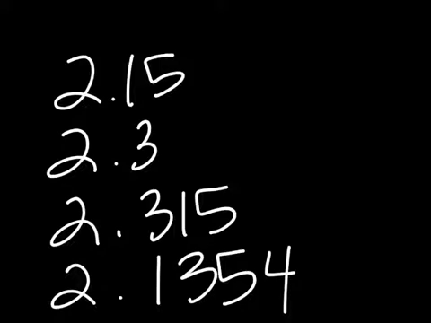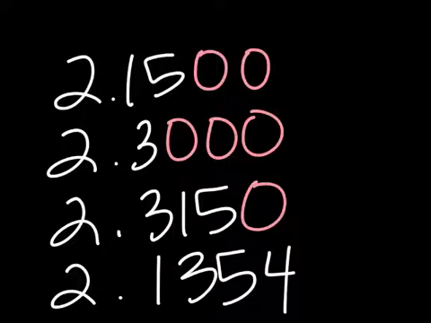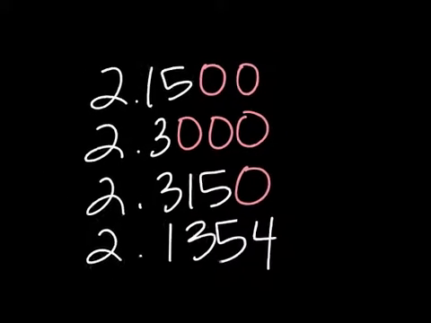So we've got 2's all the way down, so we're fine. So these 2's we're going to kind of ignore. The largest number of digits I have to the right is down here in the 1354. So we're going to just add zeros until every number has 4 digits to the right. Okay? Let me shrink this down a little bit.